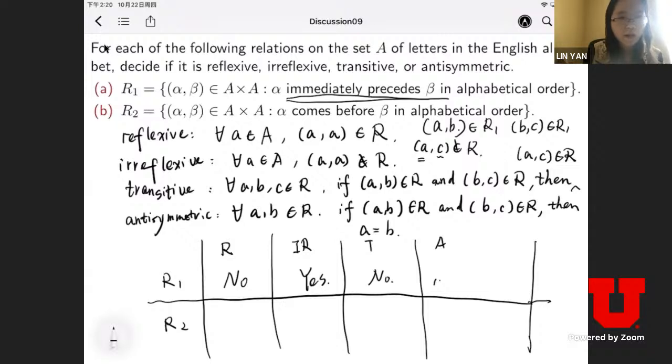Okay, here is a problem. Can something be neither reflexive nor irreflexive? Yes. Reflexive requires all the elements to have this property, and irreflexive also requires all of them to.